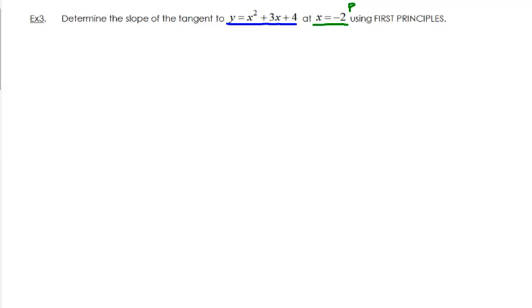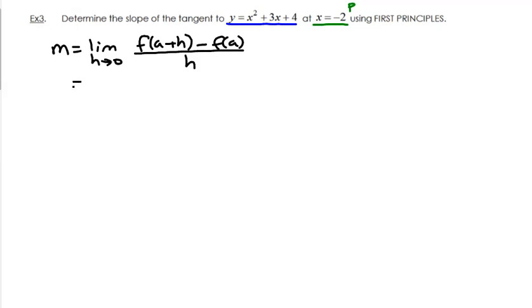So I'm just going to put everything into that equation, limit of h approaching 0. There's no more x's, because our formula doesn't have any x's in it. It just has h's and a's.